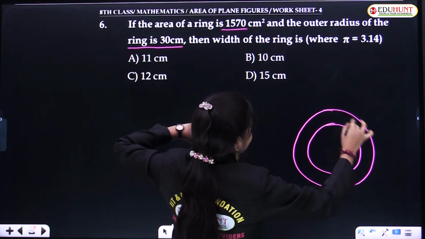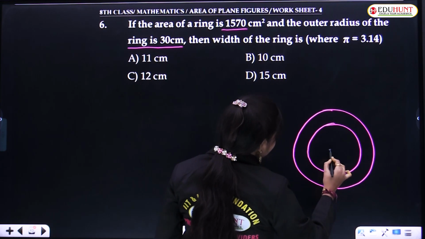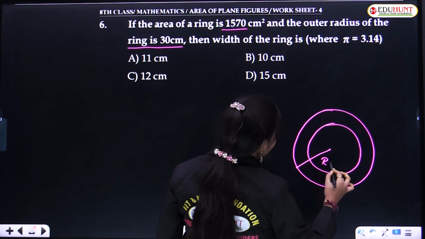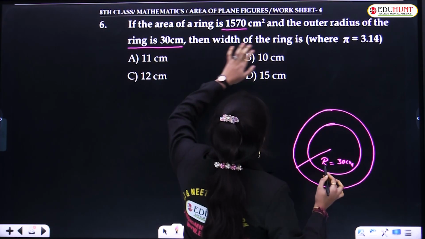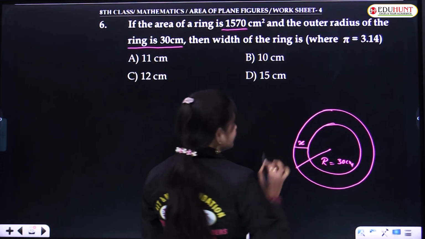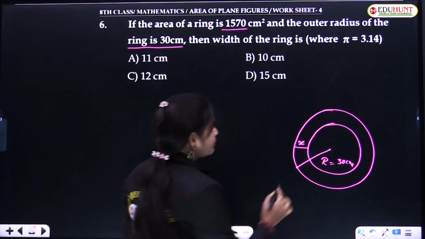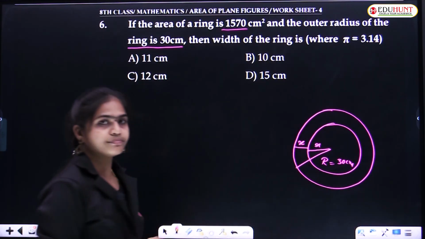The area of a ring they gave. The outer radius, capital R, they gave as 30 centimeters. The width of the ring we need to find out, and in the same way small r also we need to find out.